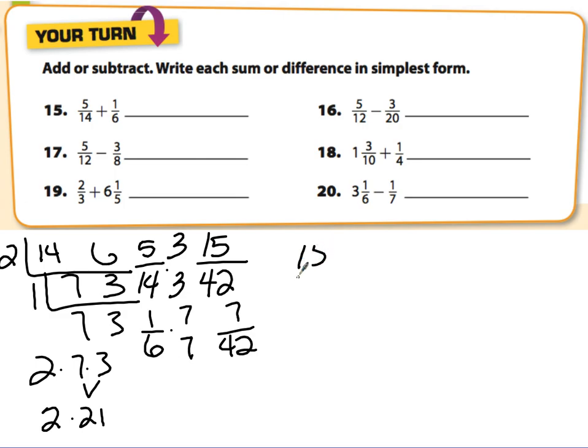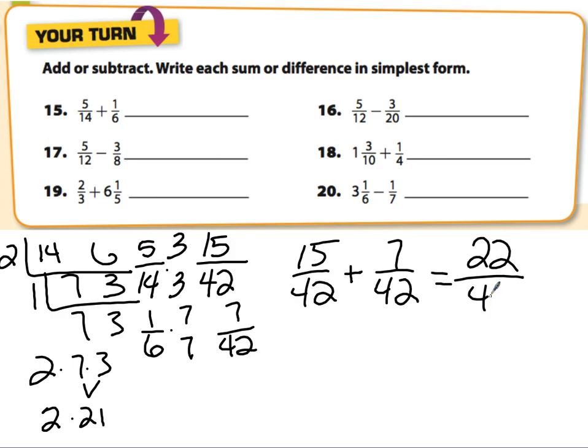So I do 15/42nds plus 7/42nds, which gives me 22 over 42, both of which can be divided by 2. So I get 11 over 21.